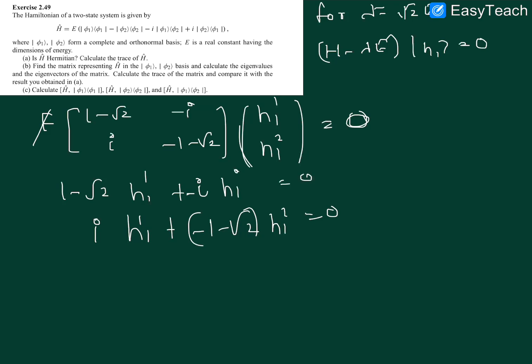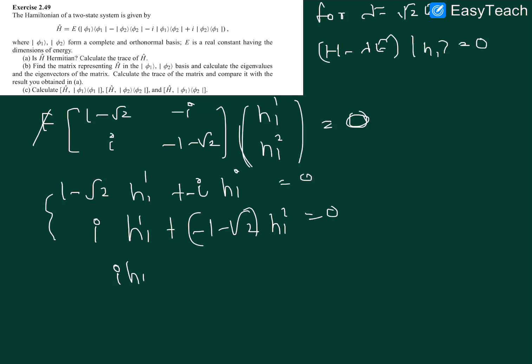Now if we see, these two equations are similar, in the sense that if you multiply the first equation by i and divide by 1 plus root 2, we will get nothing but the second equation.